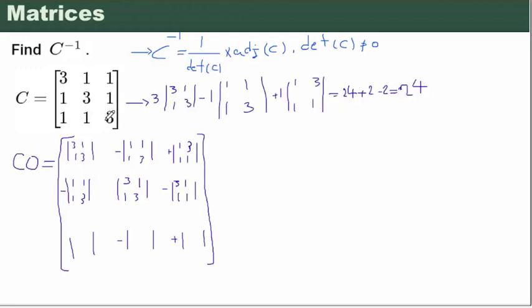I will go for the third row: third row and first column gives me 1 1 3 1, third row, second column 3 1 1 1, third row, third column 3 1 1 3.